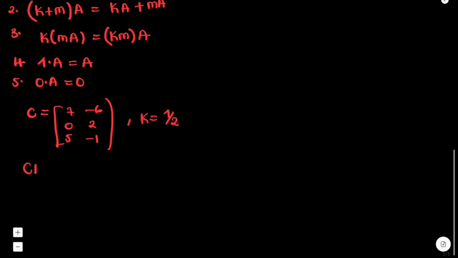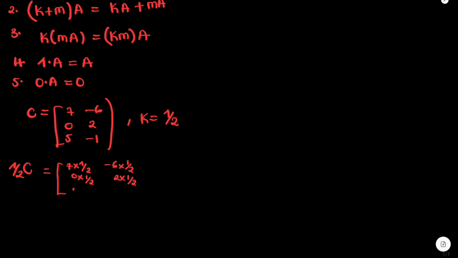So we are going to take half C. Here we are basically multiplying half by every element in the matrix C. So this will be 7 times half, minus 6 times half, 0 times half, 2 times half, 5 times half, minus 1 times half.